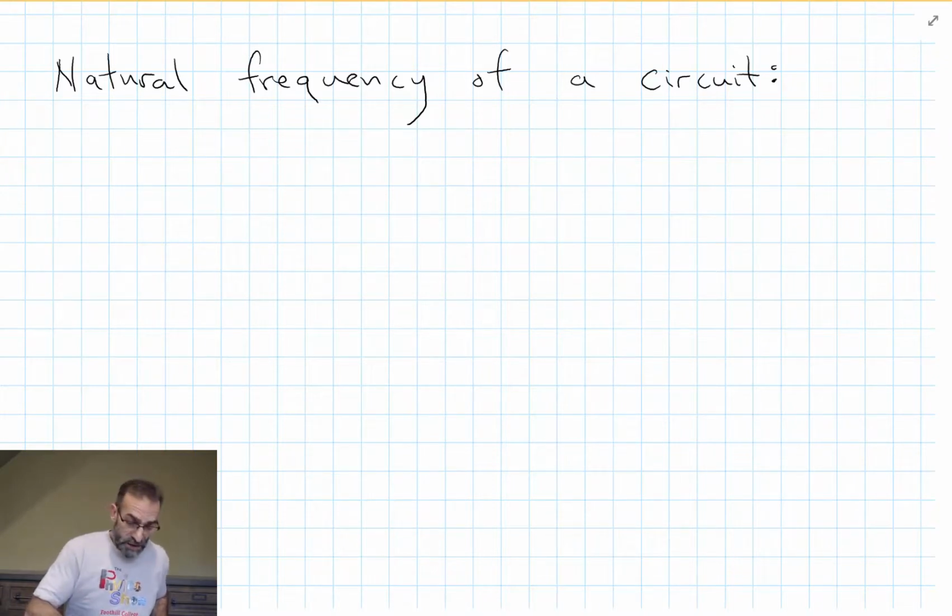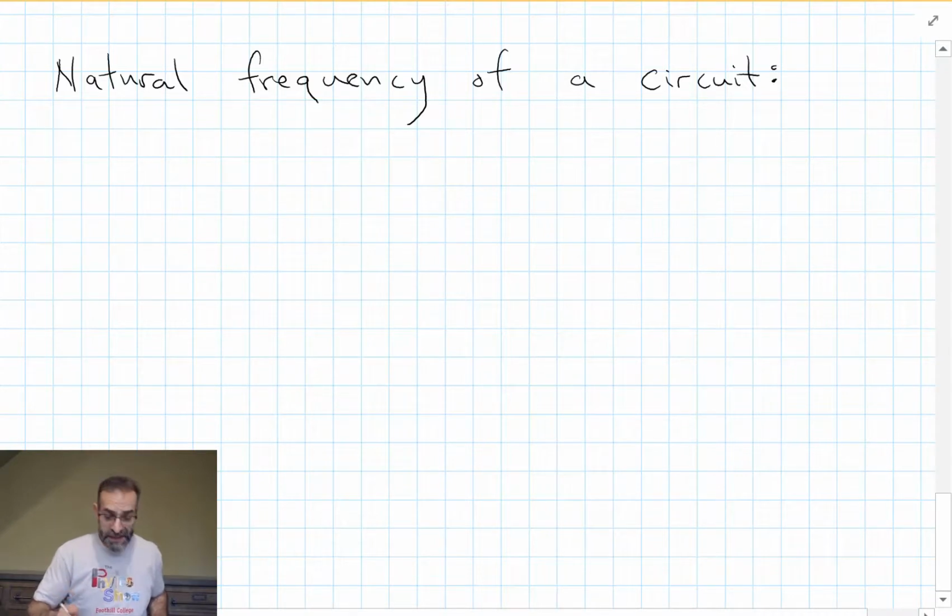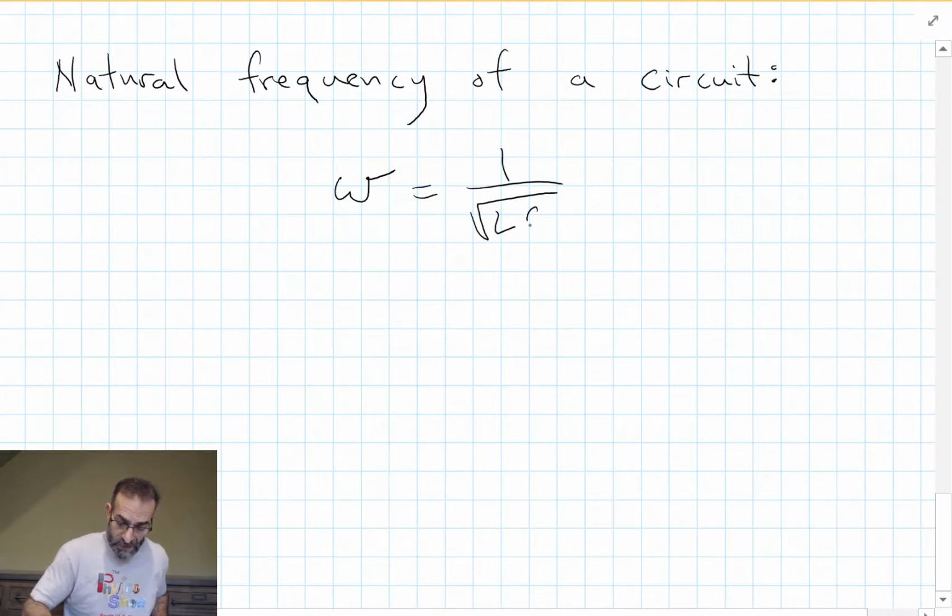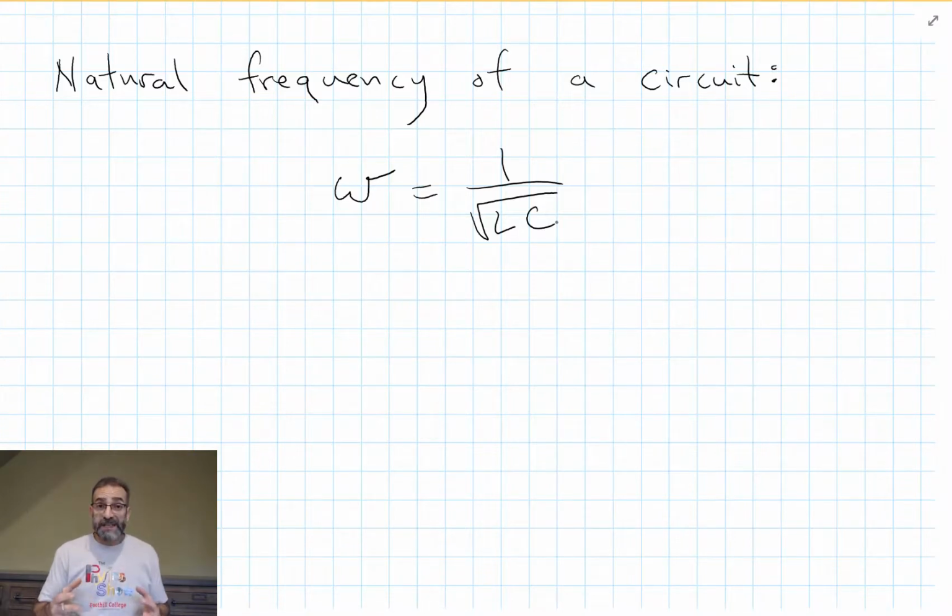And our angular frequency of oscillation for a circuit with an inductor and a capacitor in series is 1 over the square root of LC.